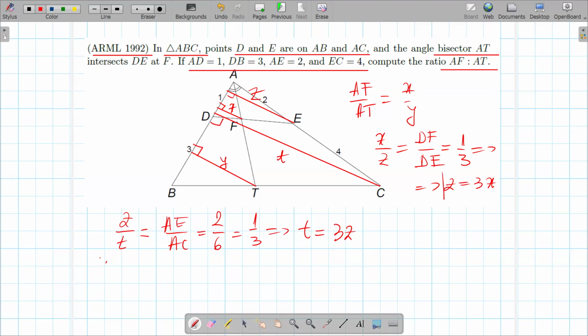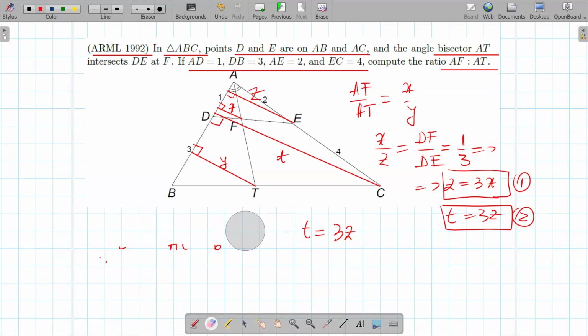Okay, very nice. So on one hand, we've got this relationship. Let's call it relationship number 1. Let me copy this other relationship. T is equal to 3Z. So this would be relationship number 2. Well, now it looks like we actually approached Y, no?